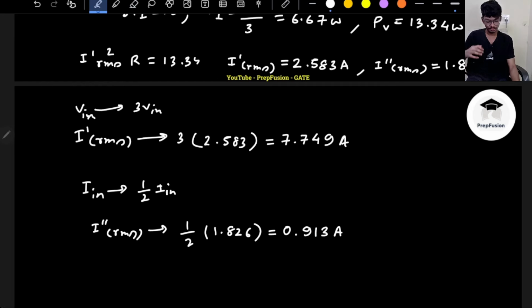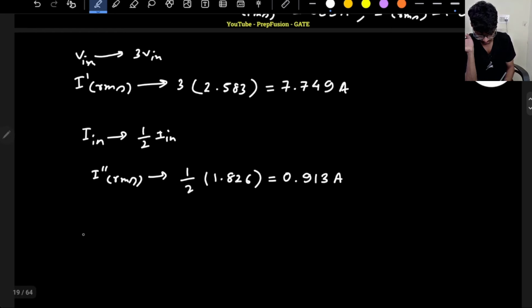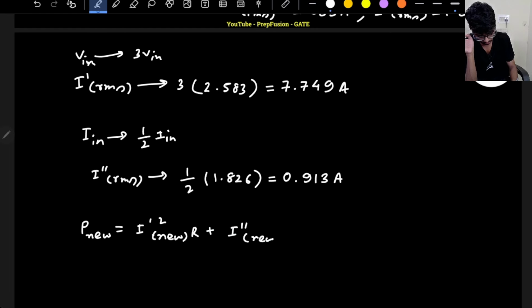Okay, now you find out the powers basically. So power, new power, will be again I1 dash new whole square into R plus I1 double dash new, of course these are in RMS, whole square into R. So basically it becomes this whole square plus 7.749 whole square into 2.